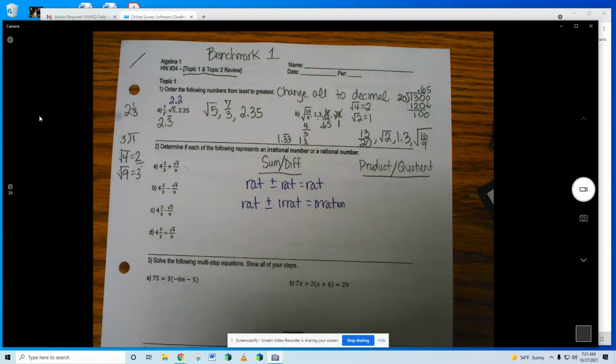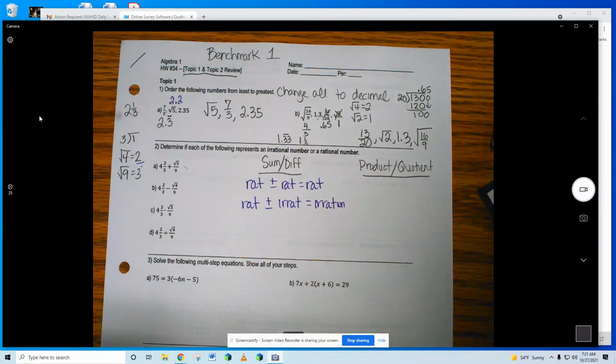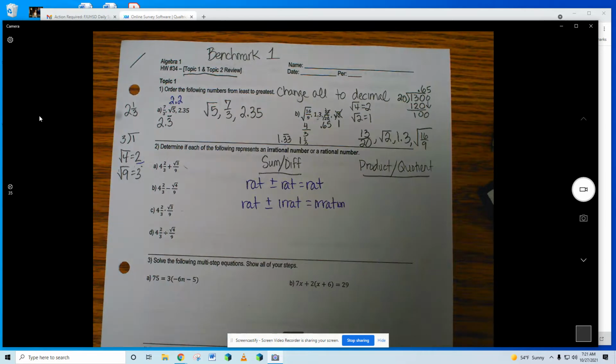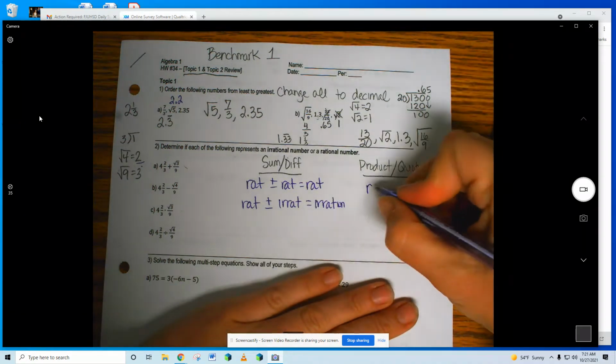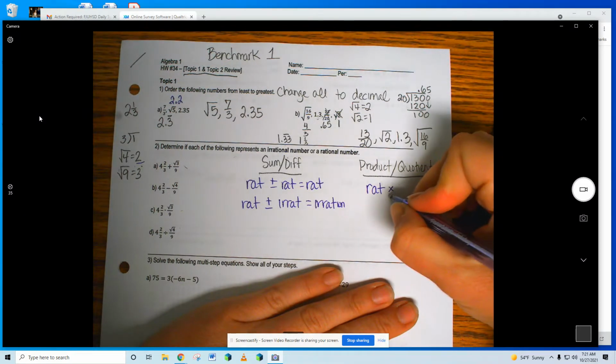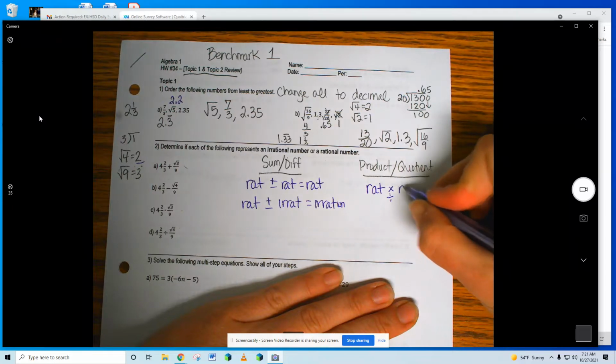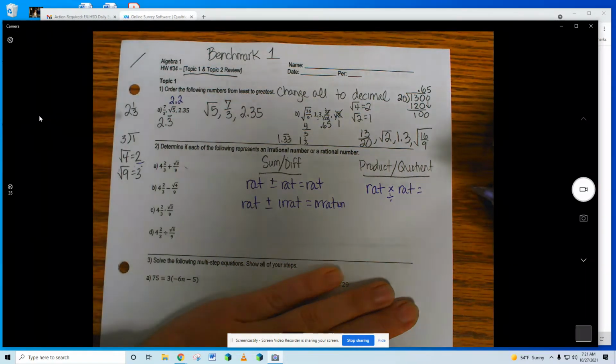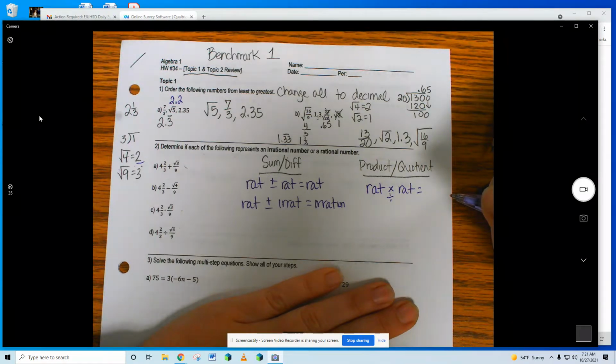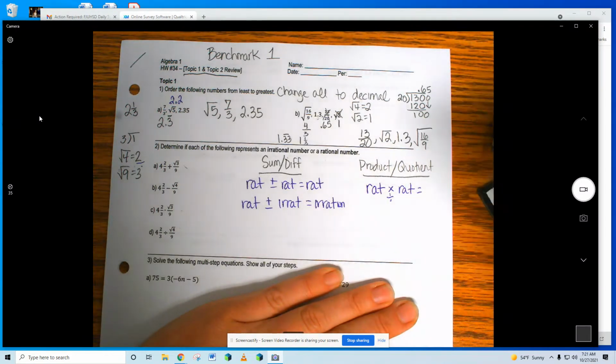Products and quotients: rational times or divided by irrational is irrational.